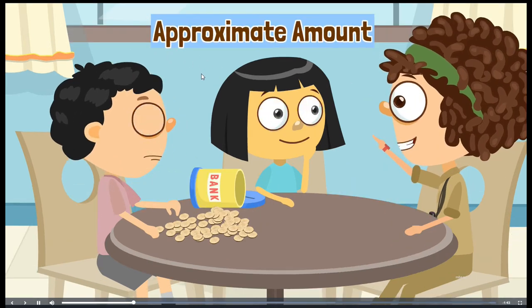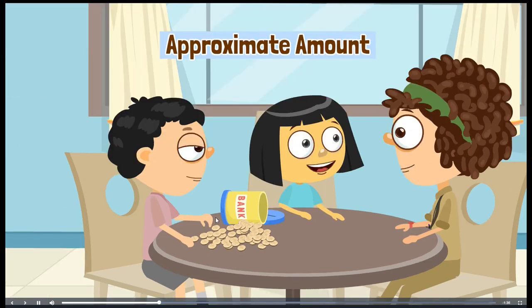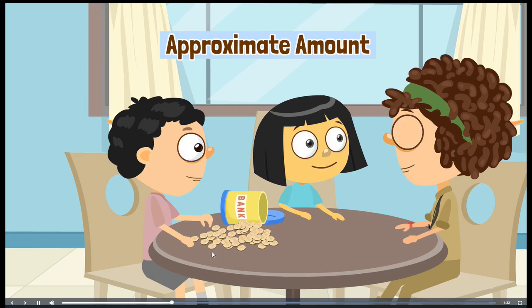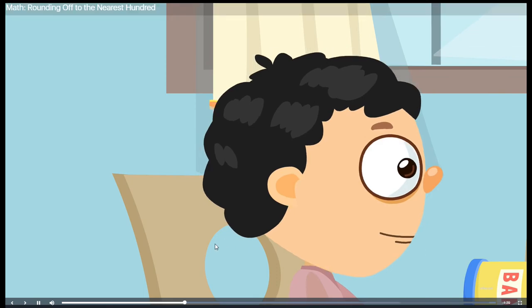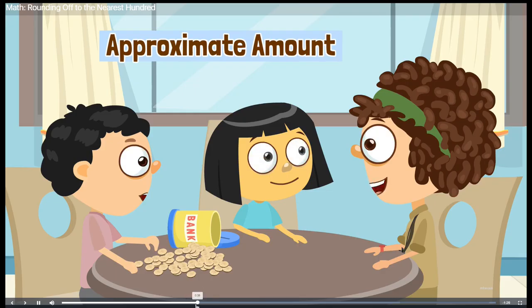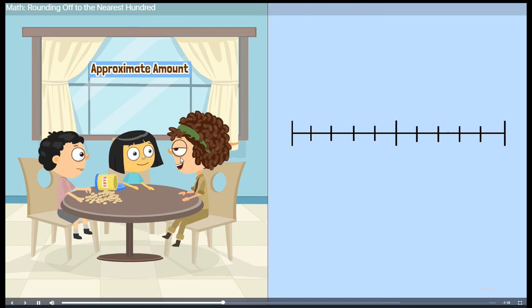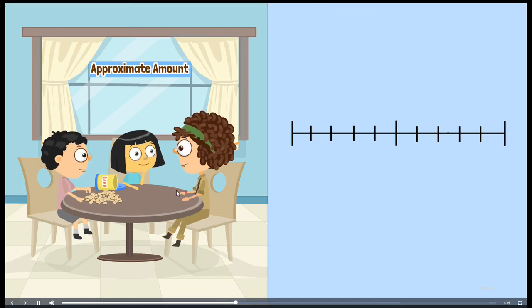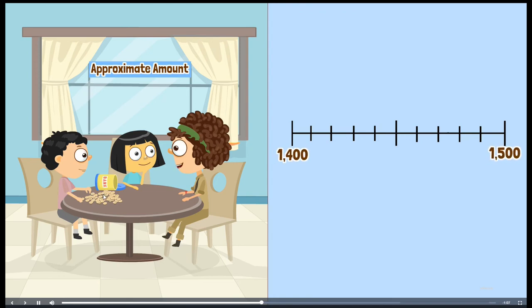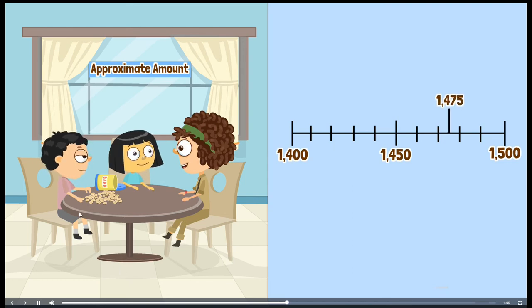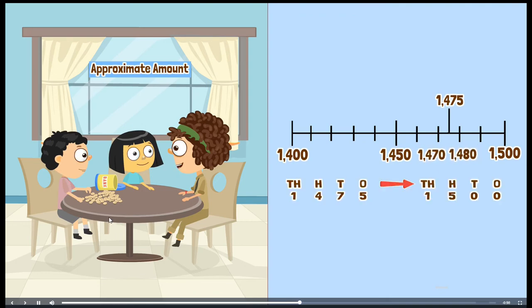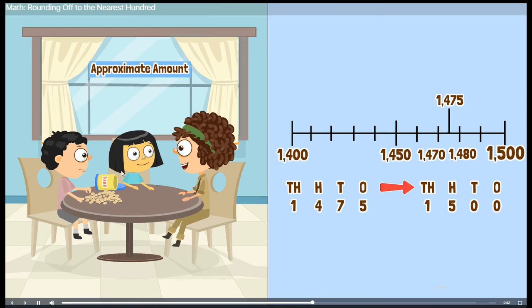To find the approximate amount of 1,475 to the nearest hundred, we'll use a number line. So it will be rounded to 1,500.